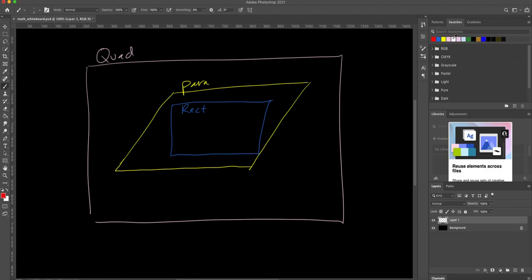Then if we move on to a rhombus, or rhombi, some of them are rectangles, all of them are parallelograms, but there's just some overlap. And then it's really small, but a square is the intersection of a rectangle and a rhombus. And so it should be completely in that intersection right there.